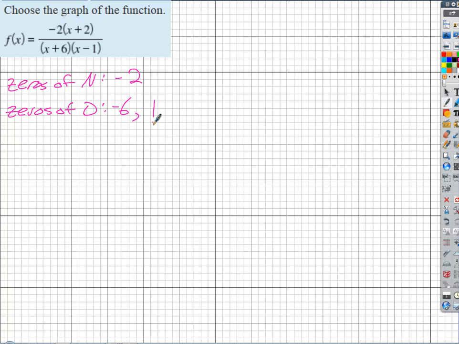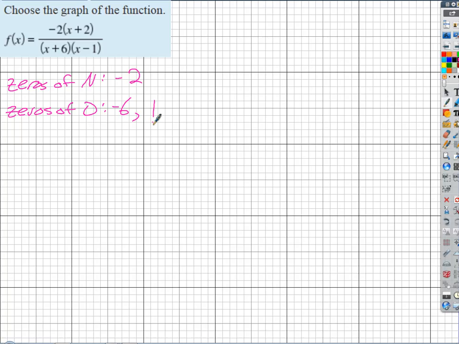Elizabeth, any x-intercepts? Where's there an x-intercept? -2, how come? Okay, exclusive, it's not on the bottom, so an exclusive zero of the top would be an x-intercept, right? So that gives us a lot of stuff, doesn't it, right there?